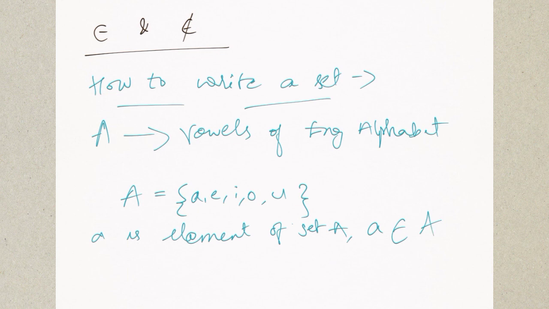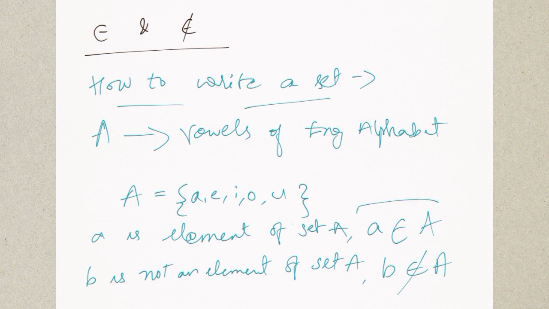Now if I have to tell that B is not an element of set A, then I have to write B with the does not belong to sign and set A. So these are two important things which you should know.